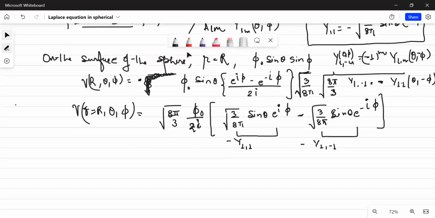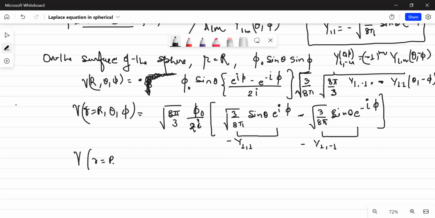If I take that negative sign common out, then v as a function of theta and phi, because we are on the surface, is given by phi naught negative. Negative is something I am not worried about. This is 2 iota. This is root over 8 pi upon 3. I'm not worried here either. And here it is y11 plus y1 minus 1.